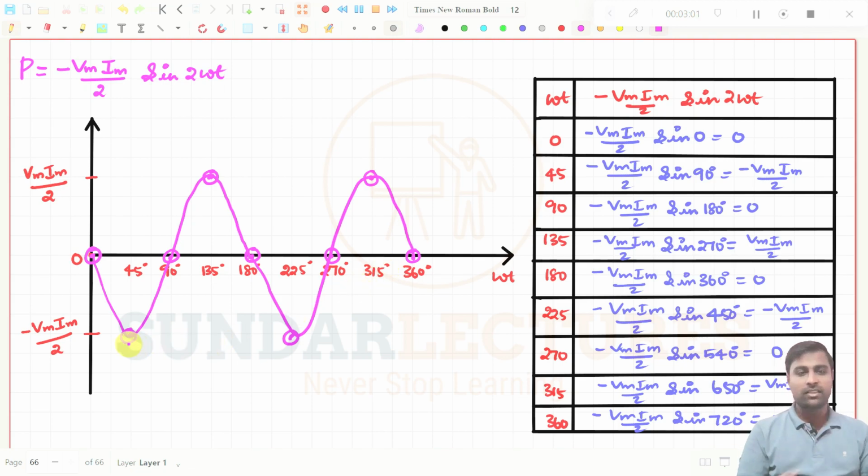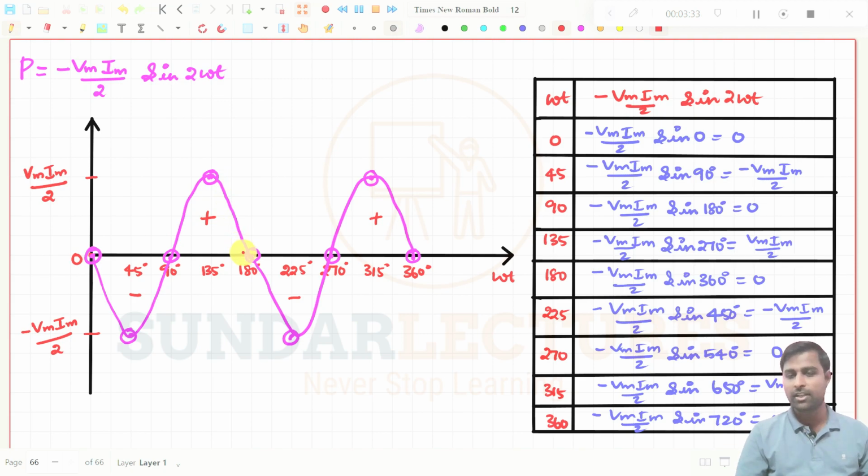See, this power, I just need to write it down. What is the power value here? See, power value is negative here, positive here, negative here, positive here. If the power value is negative, then the power will be delivered from the load side to the source side, and again the power is delivered from the source to the load under this portion.